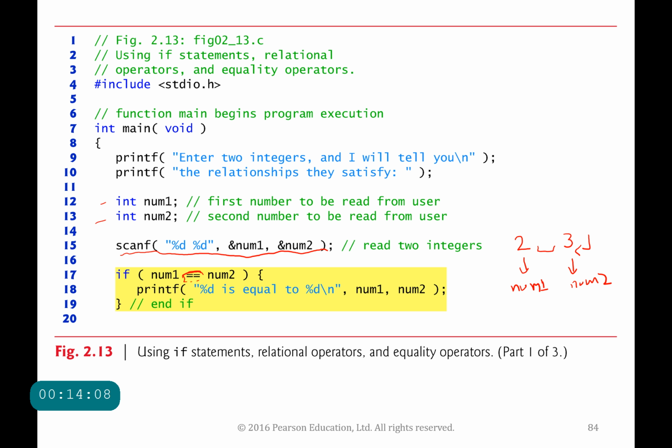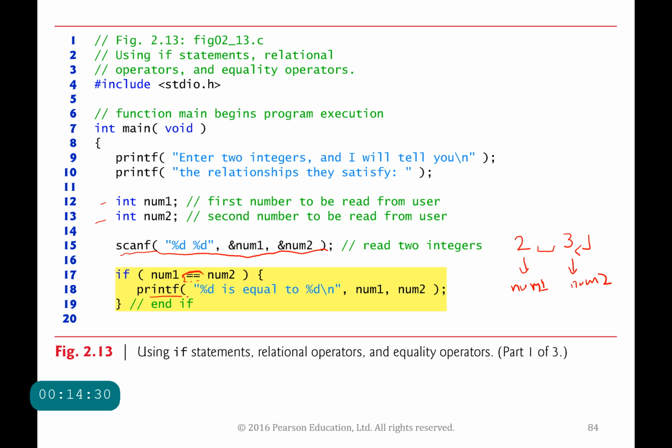If num1 and num2 are equal, it will return true, otherwise it will return false. So if num1 and num2 are actually equal to each other, we will go inside the body of the if statement and execute that.